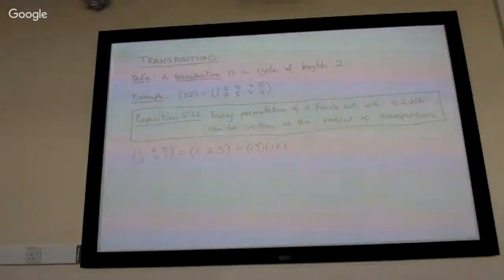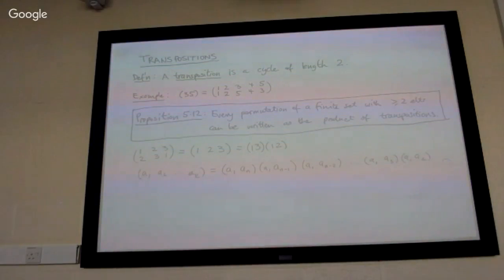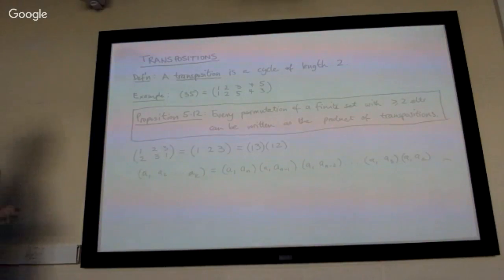Okay, and then if you take a longer cycle, (a1 a2 ... ak), then you should be able to write it as (a1 an)(a1 an-1)(a1 an-2), and so on you go, down to (a1 a3)(a1 a2). The reason this works is, again, you're going from the right.